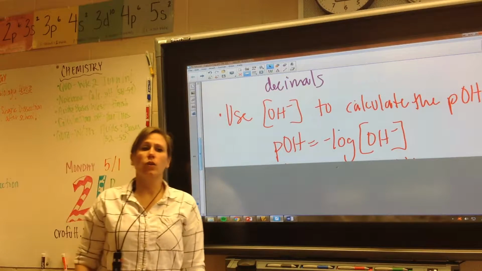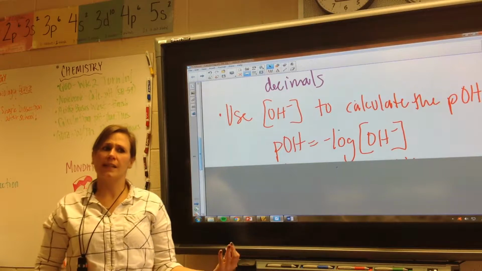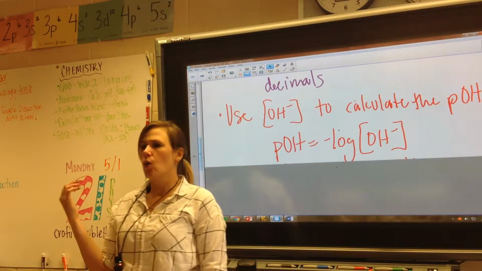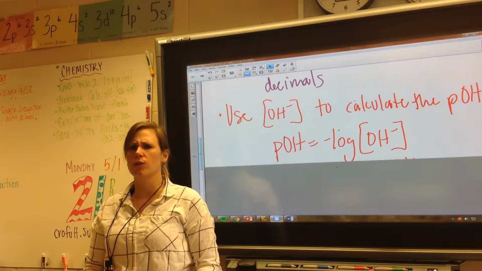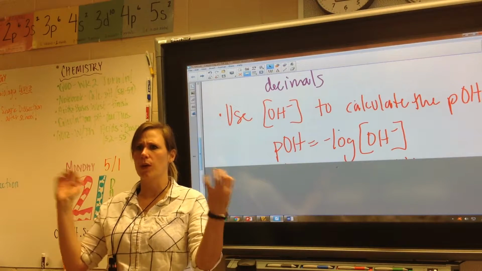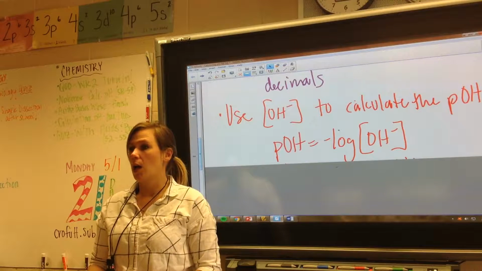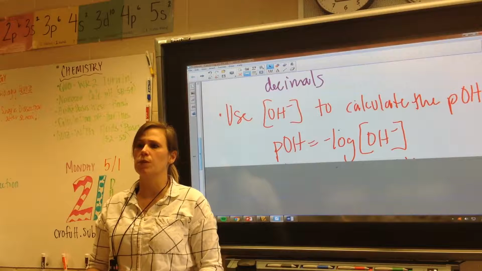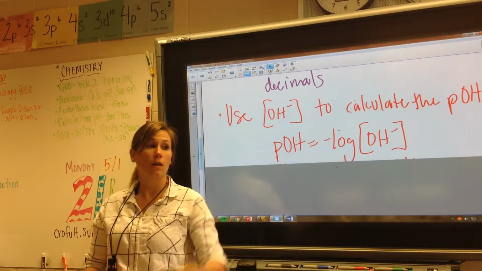Okay? So if a question doesn't line up, for instance, it gives us the hydroxide ion concentration but asks us to find the pH, what else can we use to help us figure that out? How do we get from point A to point B? Basically, what's our relationship between pH and pOH? Merit?